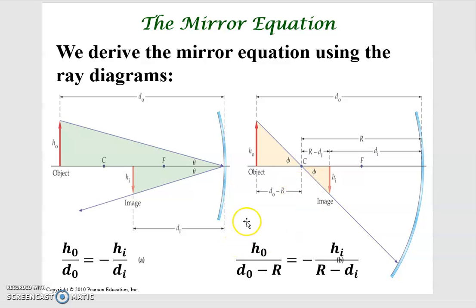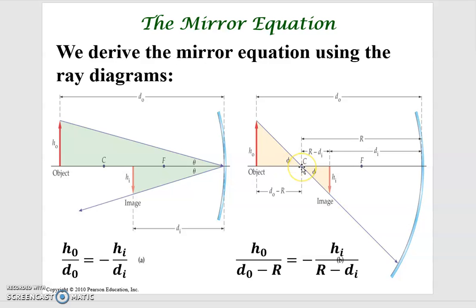Therefore, the ratio of the side H0 divided by the D0 minus R, which is the ratio of these two. You may ask why this is a D0 minus R. It is because from the center to the curvature, here it is the radius of the curvature, and the distance from the object to the center is a D0. So this part will be D0 minus R.